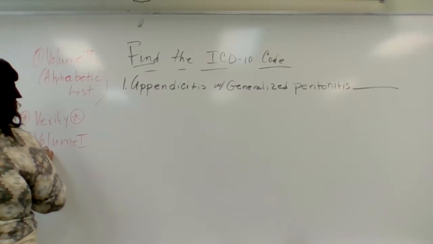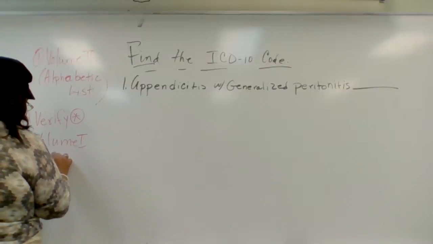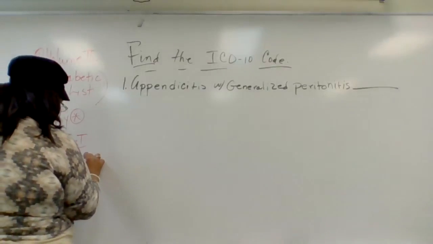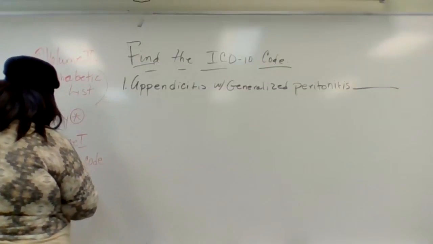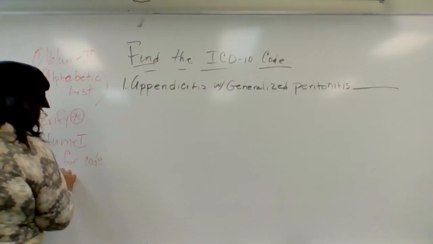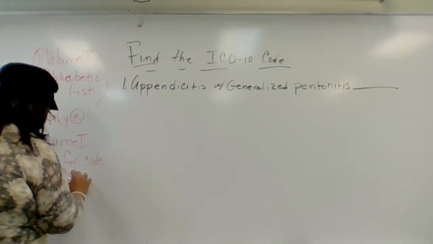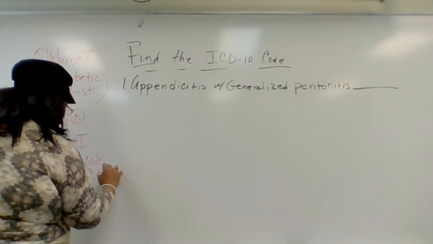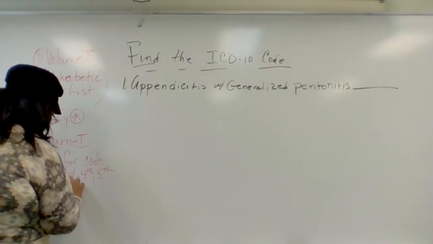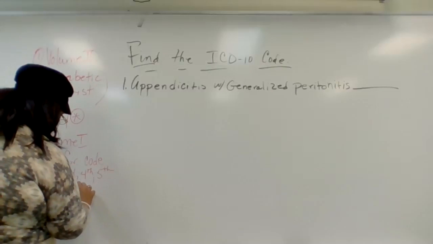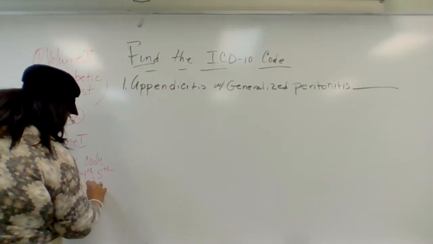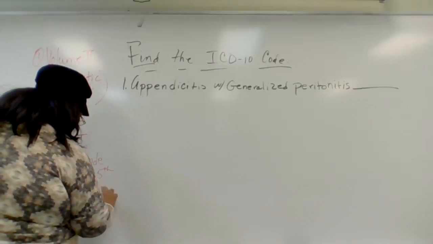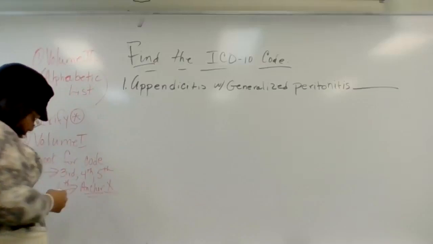Once we look for the code, we have to see: is it a third digit, a fourth digit, a fifth digit, a sixth digit, or an anchor? I'm going to call it an anchor. I can't get my terminology off the top of my head. But the X, there you go.